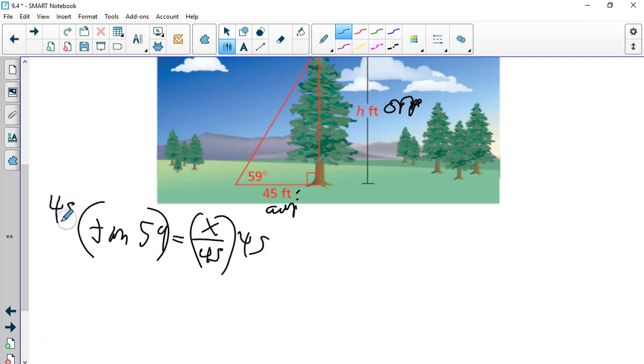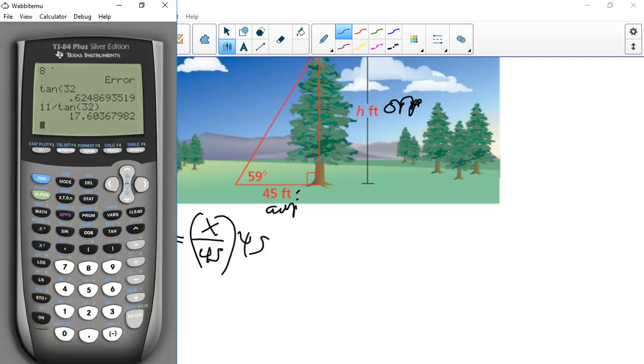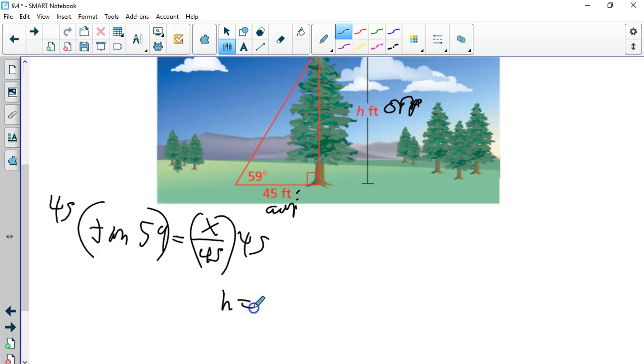And you literally just take your calculator and type in 45 times the tangent of 59. That's it. And you get about 74, it says rounded nearest foot. So that is going to be rounded nearest foot, 75 feet. And that's it.